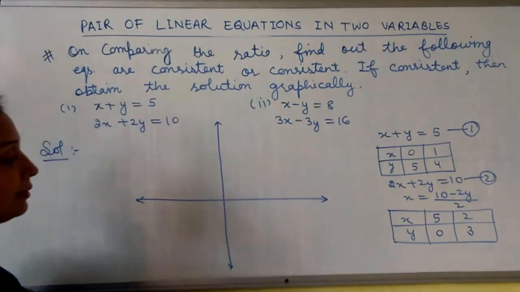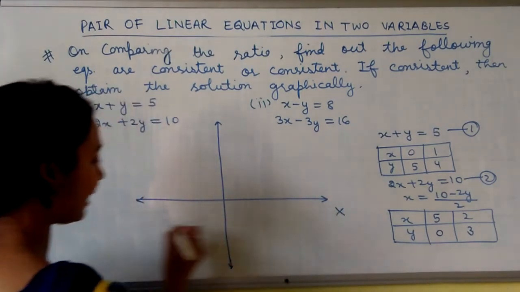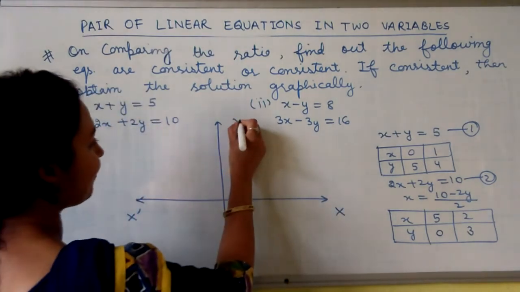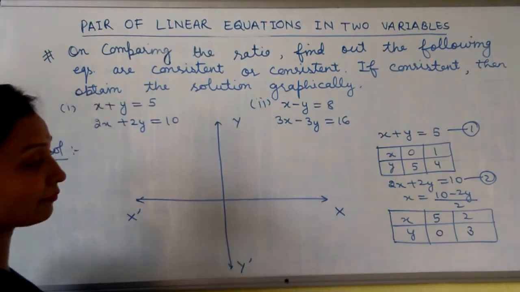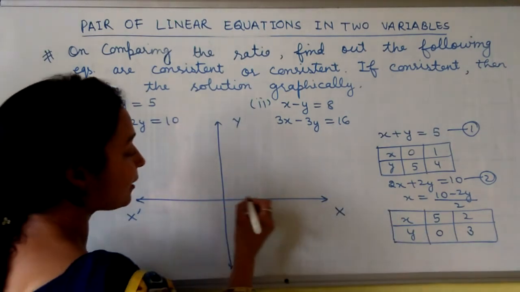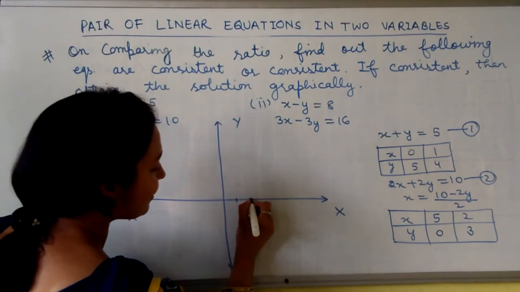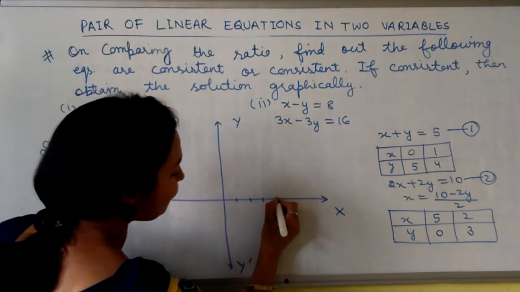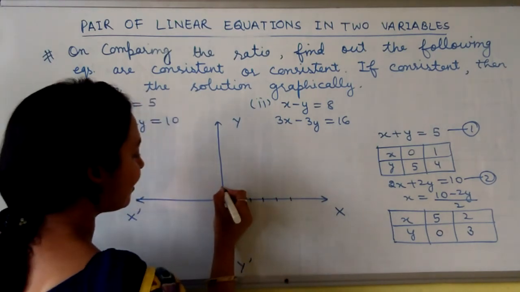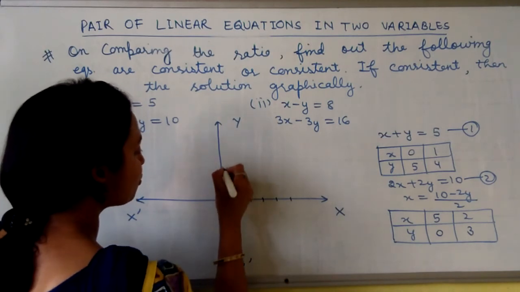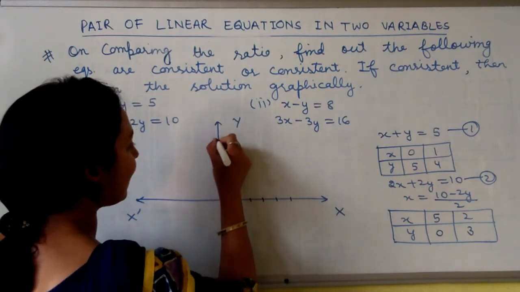This is the x positive, x negative, y positive and y negative. I will plot the points at equal distance 1, 2, 3, 4 and 5, here also 1, 2, 3, 4 and 5.